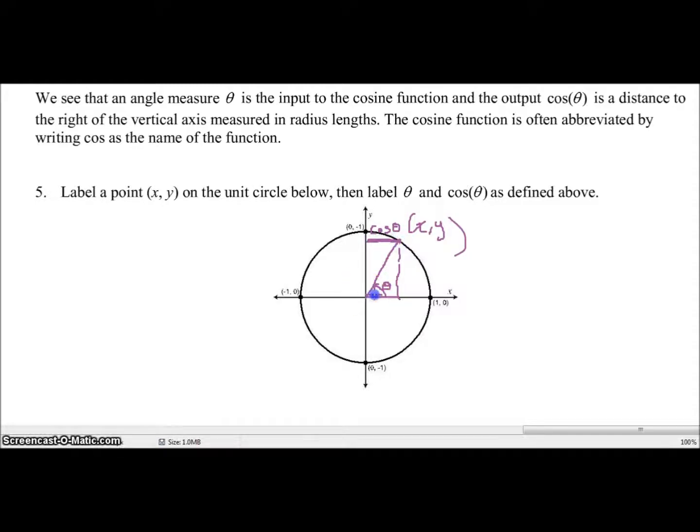You could see it down here. Notice that cosine of theta equals x. Another interesting thing that you can notice is that sine of theta equals y.